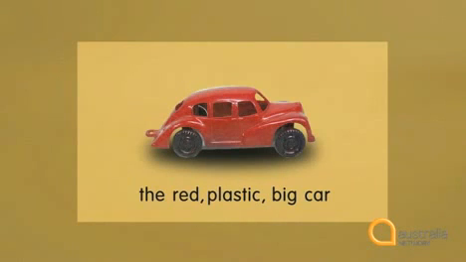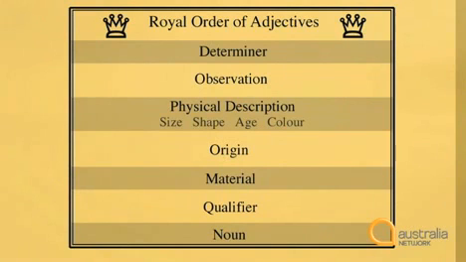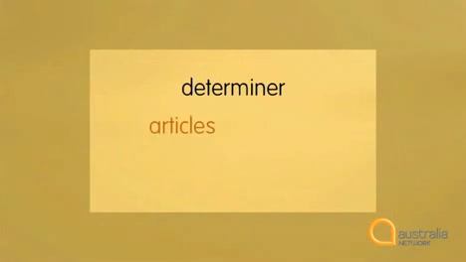How do you know which order to put the adjectives in? Well, for native speakers, it's just that it sounds right. But luckily, there are some rules. It's called the Royal Order of Adjectives. Let's have a look at it. First, we have the determiner. That's articles: a, an, the.